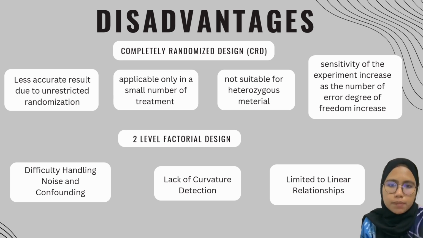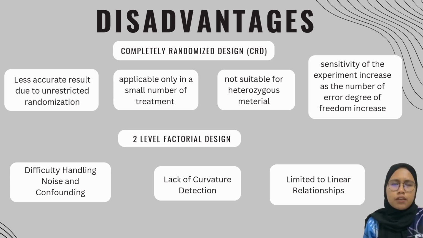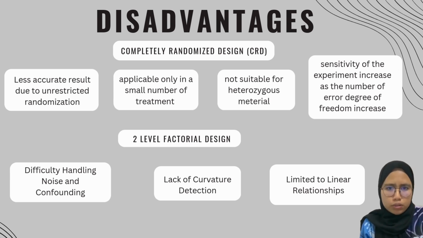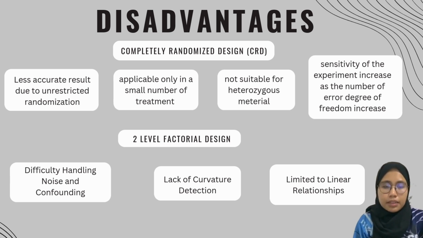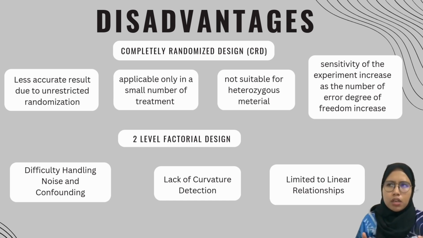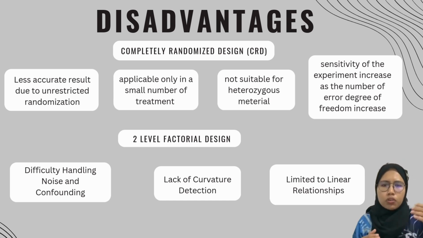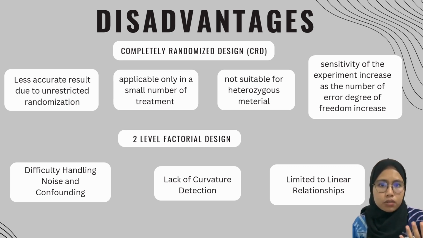Okay, so right now I will explain the disadvantages of the two-level factorial design. First, it is difficult to handle noise and confounding, because if interactions between factors and external variables are not controlled, it can easily become misleading. Next is its lack of curvature detection, because curvature detection increases as more levels are tested.